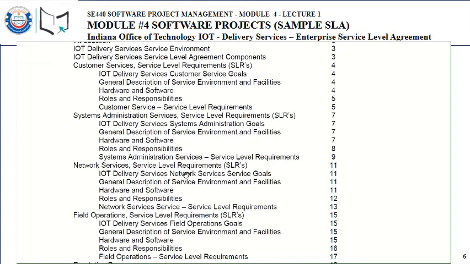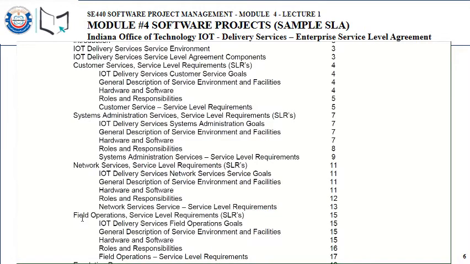Same thing they do with the networking. Start with the network service goals, then the network services environment and facilities, and what they need to have in the hardware and software for network services, and then the roles and responsibilities that involve the network services, and then last but not least, the service level requirements for the network services.